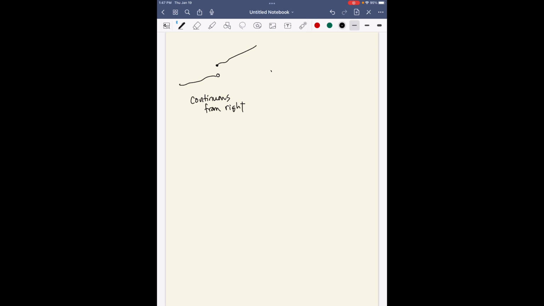And if the function is continuous from the left, you'll have this sort of shape. If this guy was like a little tadpole swimming from the right, you'd have continuity from the right. And if the little tadpole was swimming from the left, you would have continuity from the left.